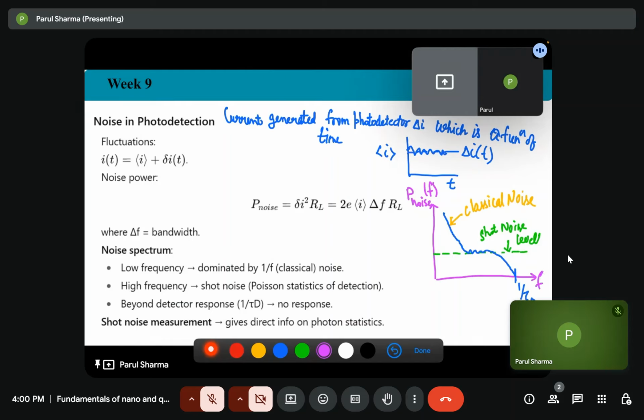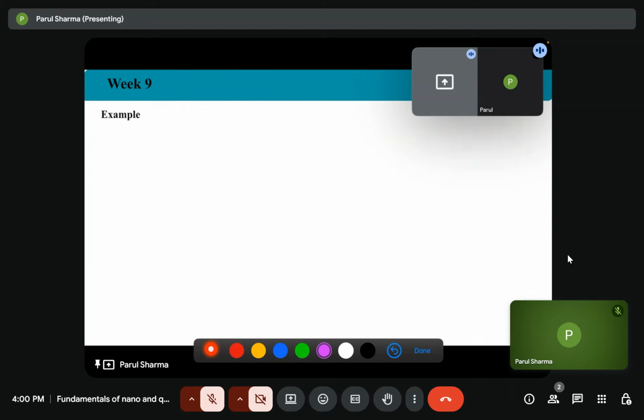Okay. In the low frequency region, we have high noise. You can see that.